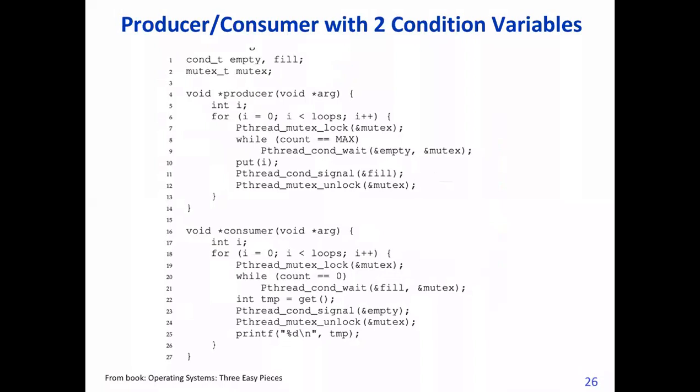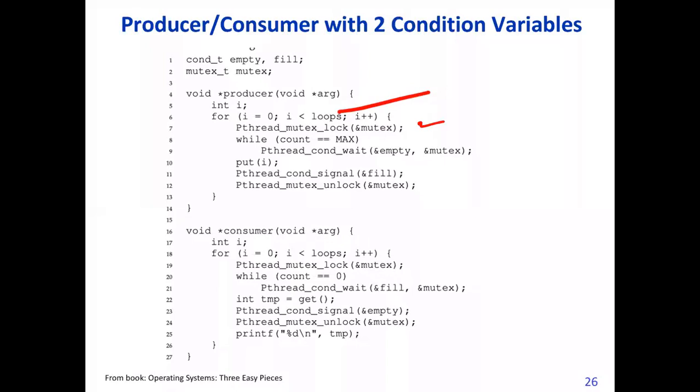Okay, so now first is the producer. The producer will continue to produce items, right? We are running a loop, and loops is the maximum number of items it can produce, some number that you define as a global variable or something like that. The use of lock is what we have studied earlier, so we'll not get into lock and unlock now.